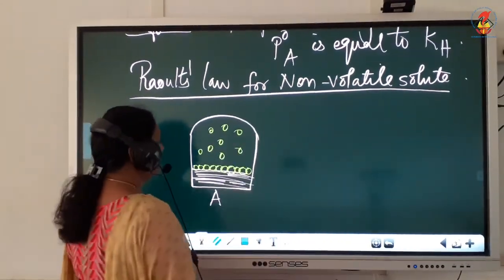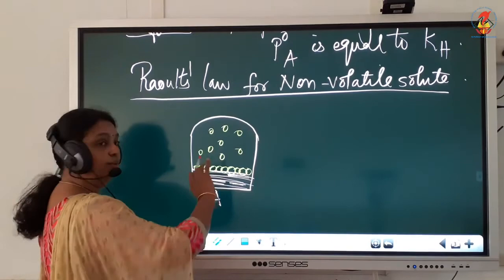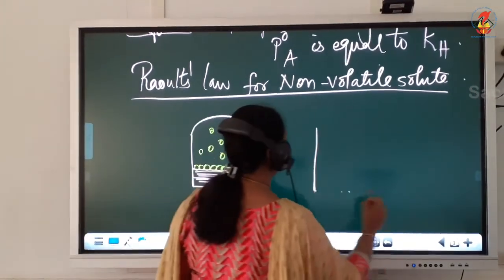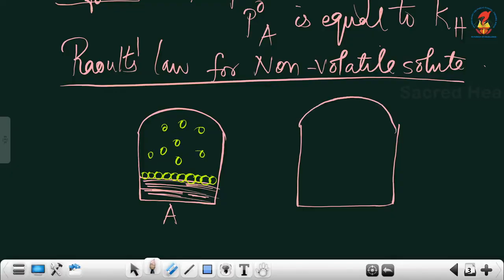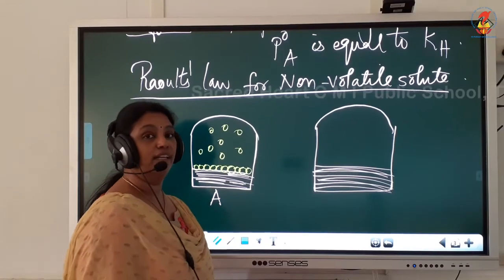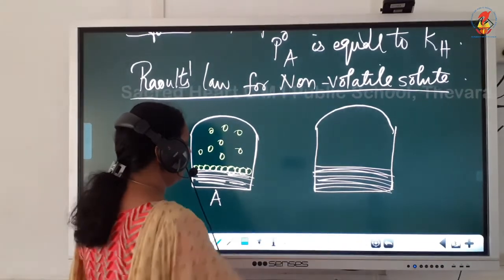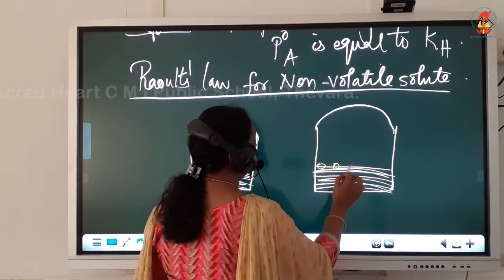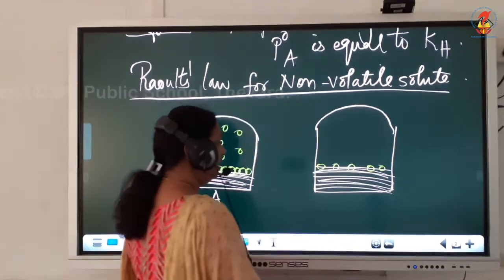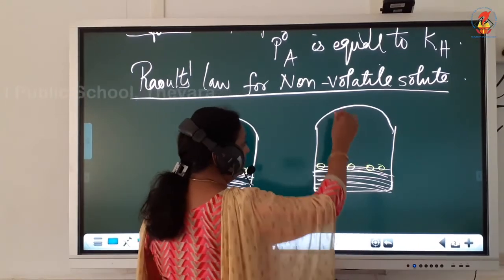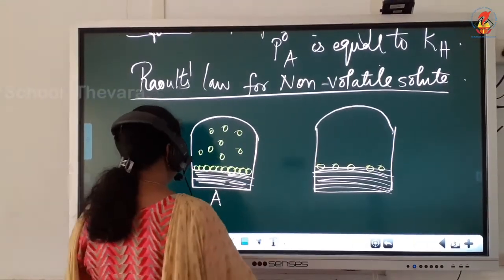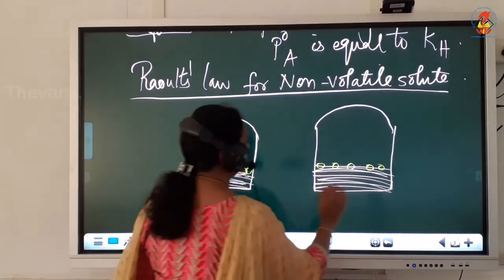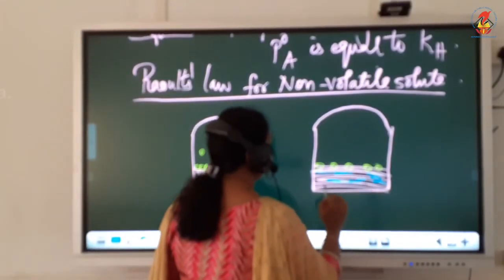Now, suppose I add a non-volatile solute to this. So, I am going to show another closed container in which I have the solvent. Now, to this I am going to add a non-volatile solute. So, I have on the surface solvent molecules and I added non-volatile solute to this. So, solute is denoted by blue color.